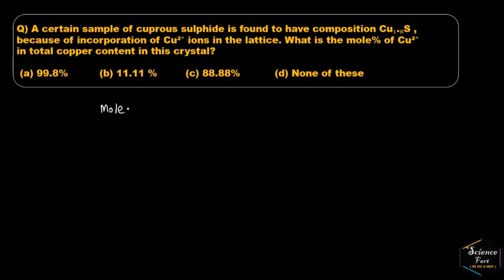So, the molecular formula of pure cuprous sulfide should be equal to Cu2S, where the oxidation state of copper is +1.